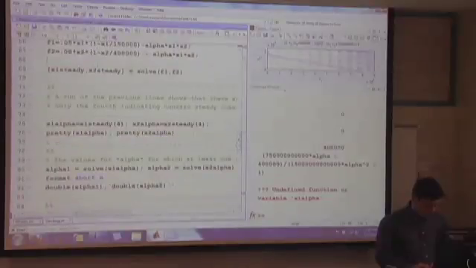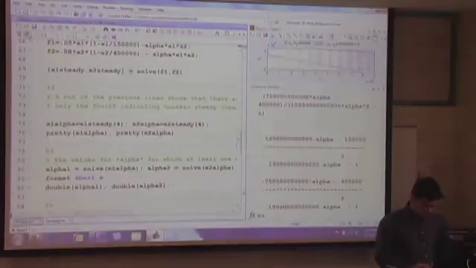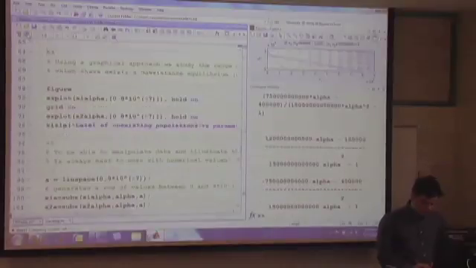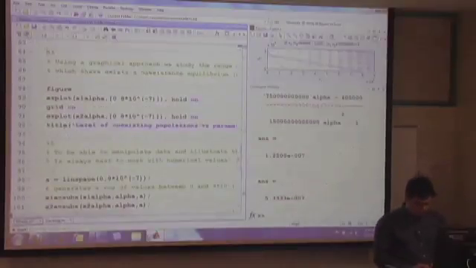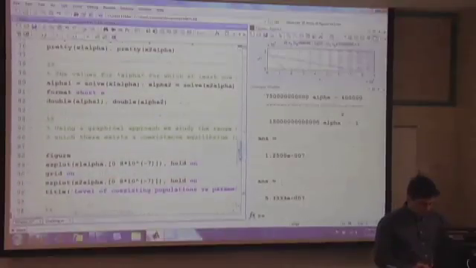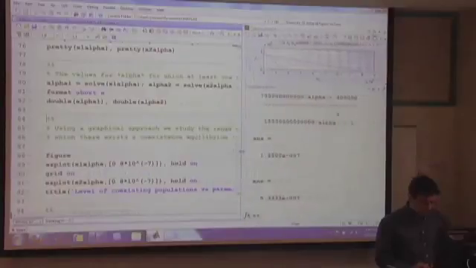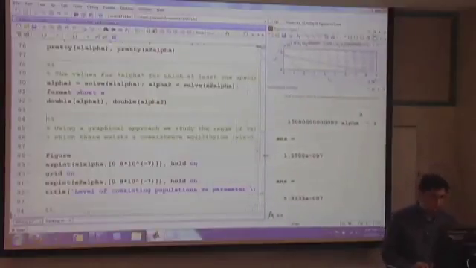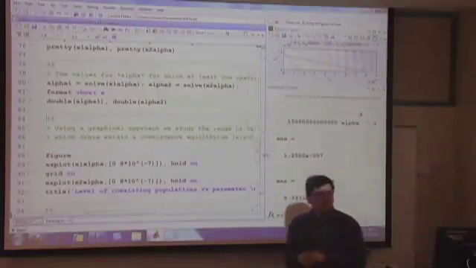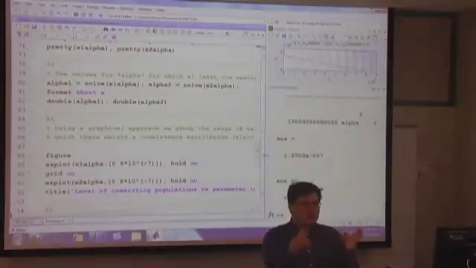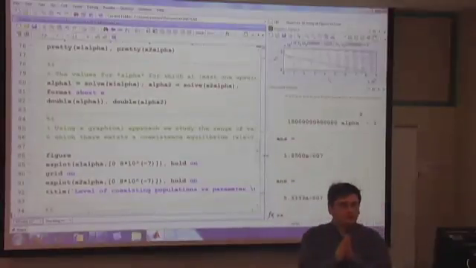I skipped a cell. Okay. And yeah. And then what do you do with those coexistent equilibria with respect to the parameter alpha.